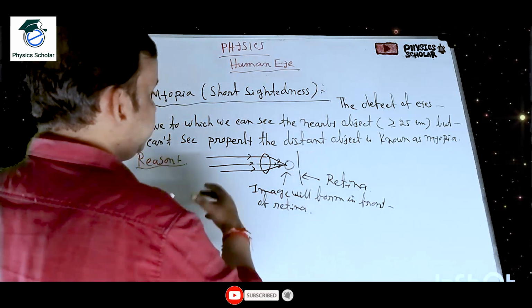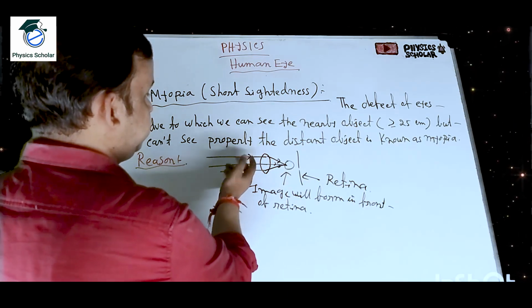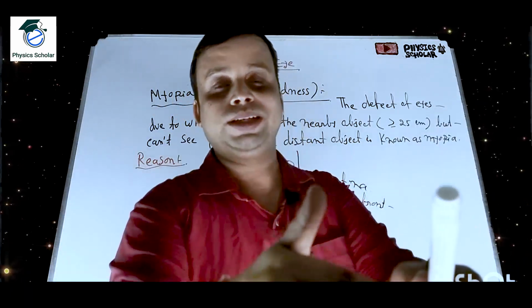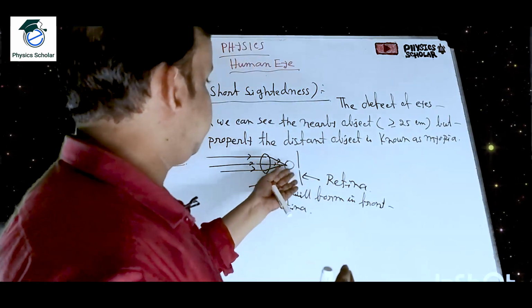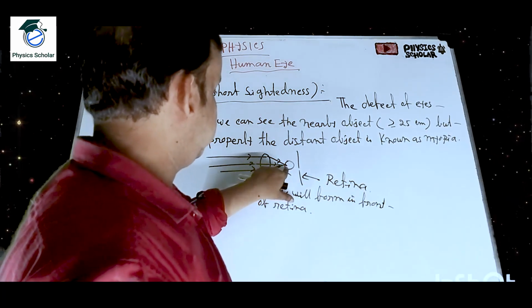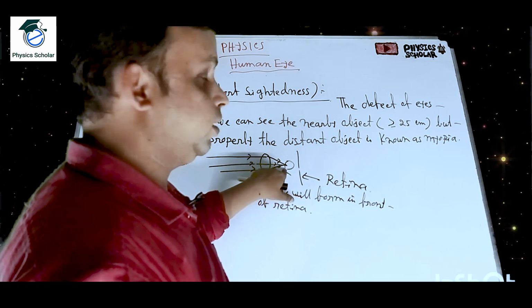But for the nearby object, the lens is thicker, so no problem is there. It has a high converging power because the rays will be divergent, so it can converge on the screen. So no problem at all for the nearby object. But for the far object, the image will form before the retina.